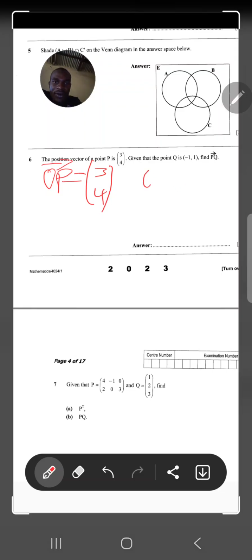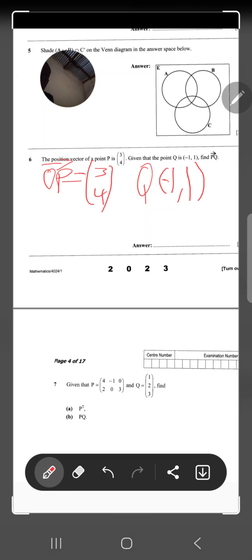And the vector Q, given that Q is -1, 1.